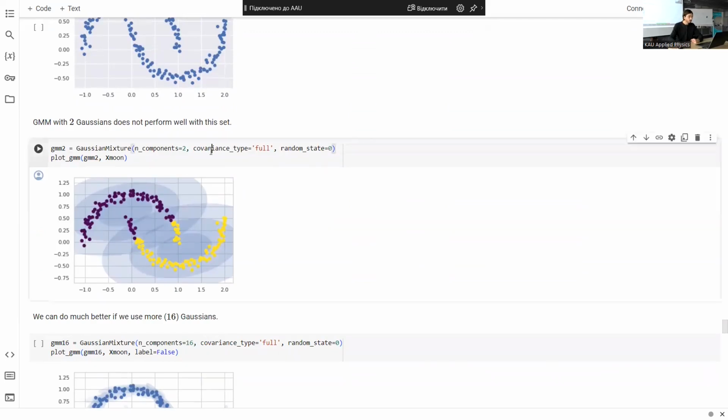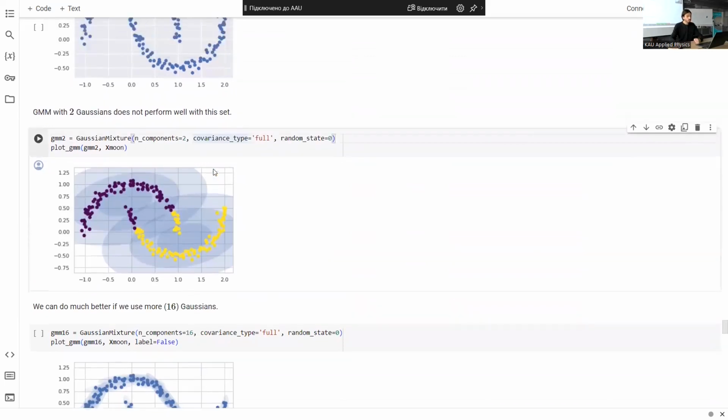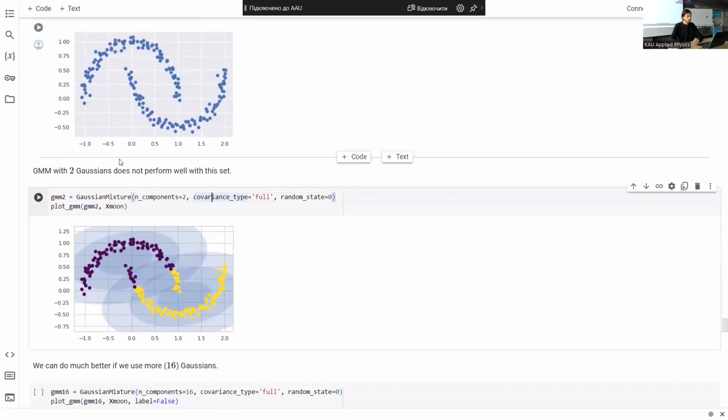So please remember that GMM is not some sort of silver bullet, and you can't expect it to work in each case that we had previously and that we have. Sometimes it works, sometimes it doesn't. But it still doesn't render GMM useless for this case.